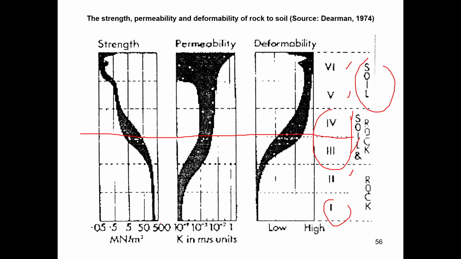So the strength is like this, up to 250 megapascal. The higher the grade of weathering, the strength will drop.